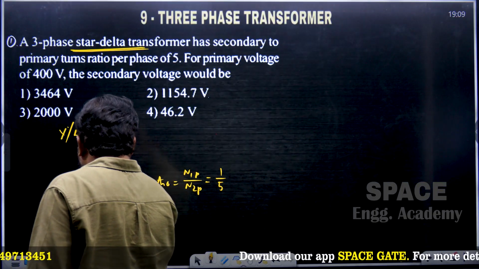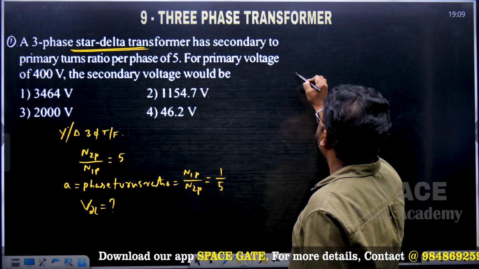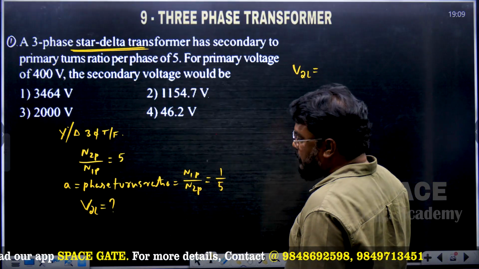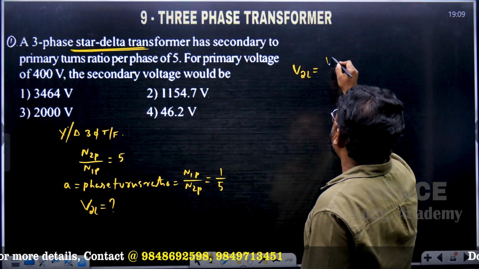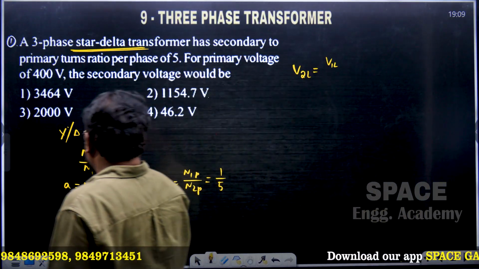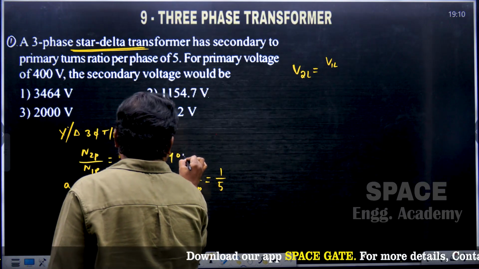Such questions get asked. We know the formula to find the secondary line voltage. For a star-delta three-phase transformer, V2L is equal to V1L divided by √3 times a. The primary line voltage is given: V1L is equal to 400 volts.